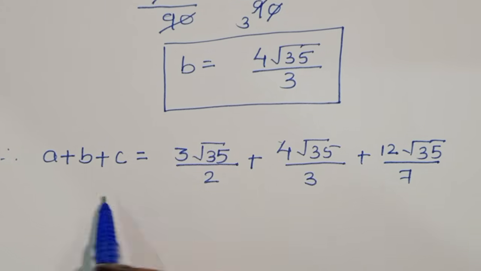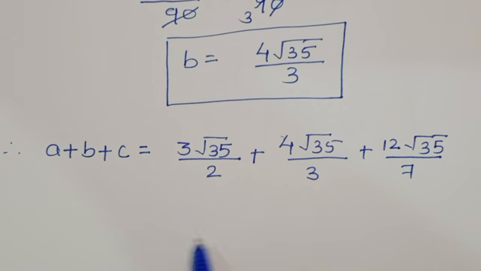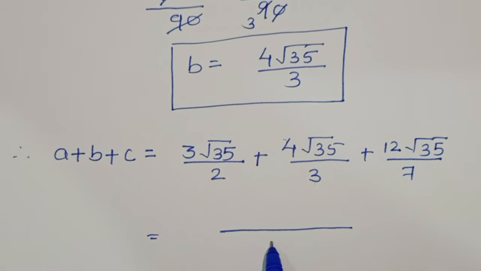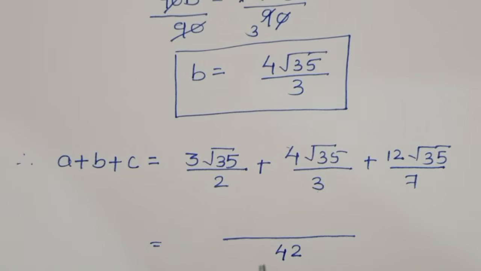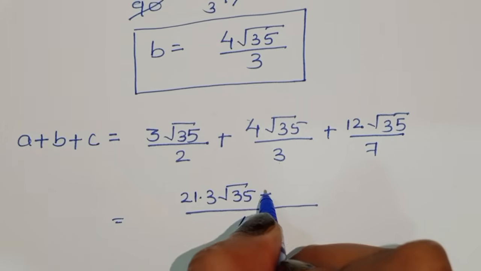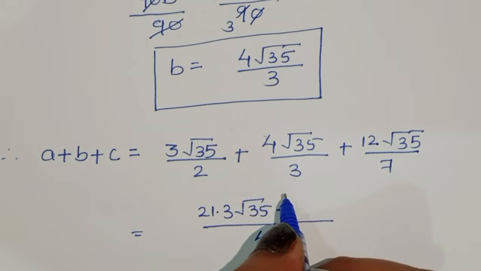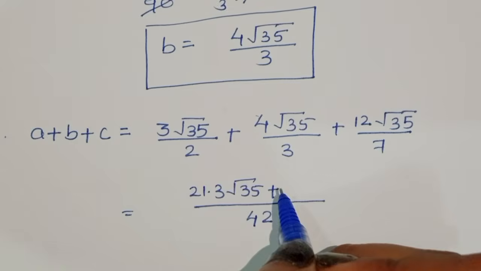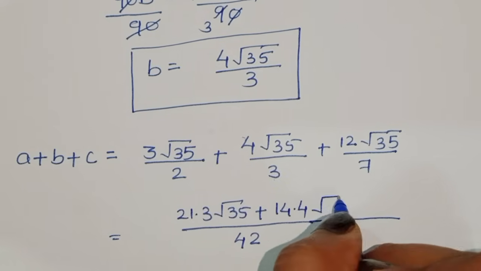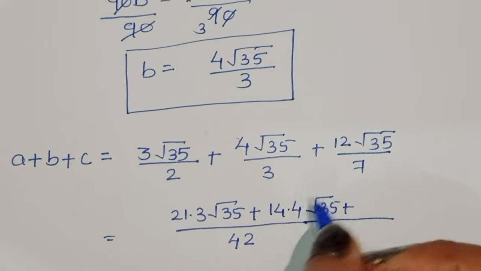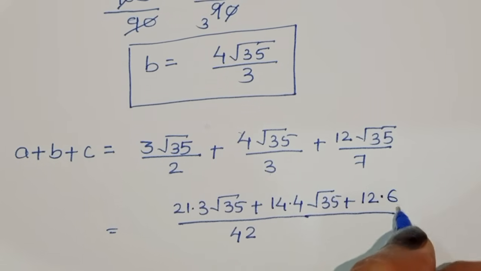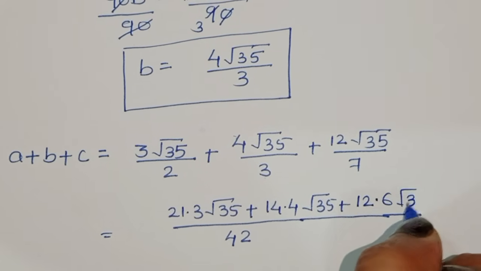Right, now we have to take the LCM here. So we are taking the LCM. So we will get here, 7 3s are 21, 2 is 42, so it will become 42. It will become here 21 times 3 square root of 35, plus here 14 3s are 42, so it will become 14 times 4 square root of 35, plus here it will become 12 times 6 square root of 35.